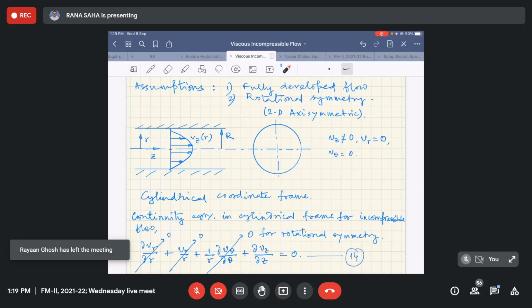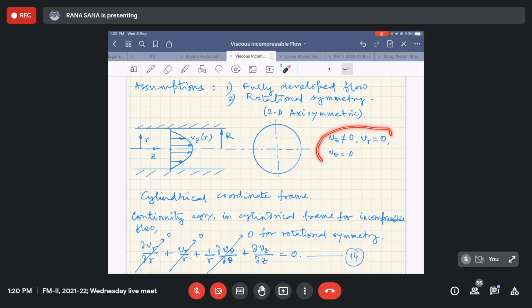And thereby, other than the Z or the axial component, the Z axis being the axis along which the flow is occurring, which is fully developed, apart from this component of velocity Vz, Vr and V theta are equal to 0.